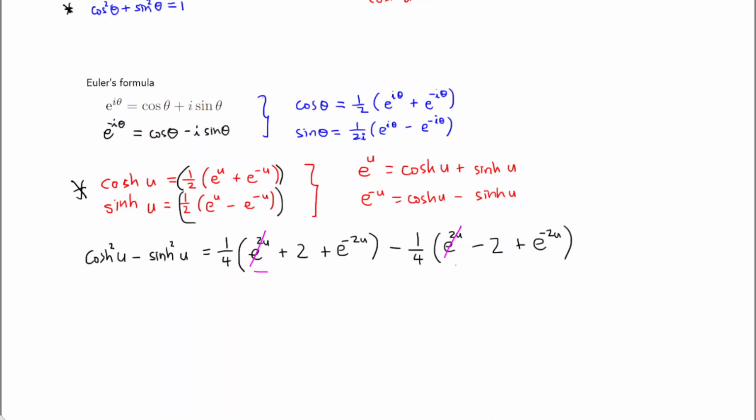This one will be positive, this one will be negative, and likewise with the e to the minus 2u terms. So what I end up getting is 1/4 times 2, that's a half, and then minus 1/4 times a negative 2, that's another positive 1/2. And I get 1.